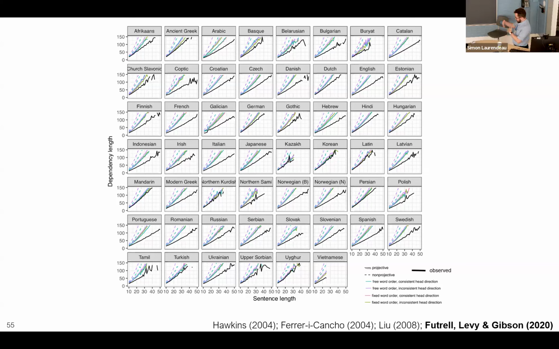You can actually predict the properties of languages using this idea of minimizing lengths of dependencies. And it's even been claimed that this idea will explain why languages are usually context-free or mildly context-sensitive in terms of their formal complexity. So this is an example of how language is set up in a way that maximizes local predictability. The relevant things for predicting a word are usually close to that word.